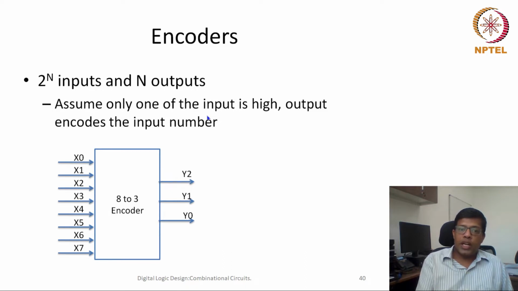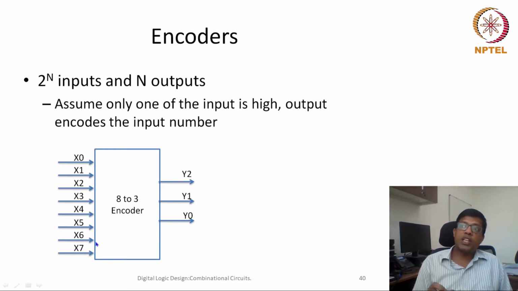I can write it like this: I have these 8 inputs. I am again taking the example of an 8 to 3 encoder. Now there are 8 inputs, and any one of them could be 1. We are giving decimal numbers to these inputs, calling them 0, 1, 2, 3, 4, 5, 6, 7.